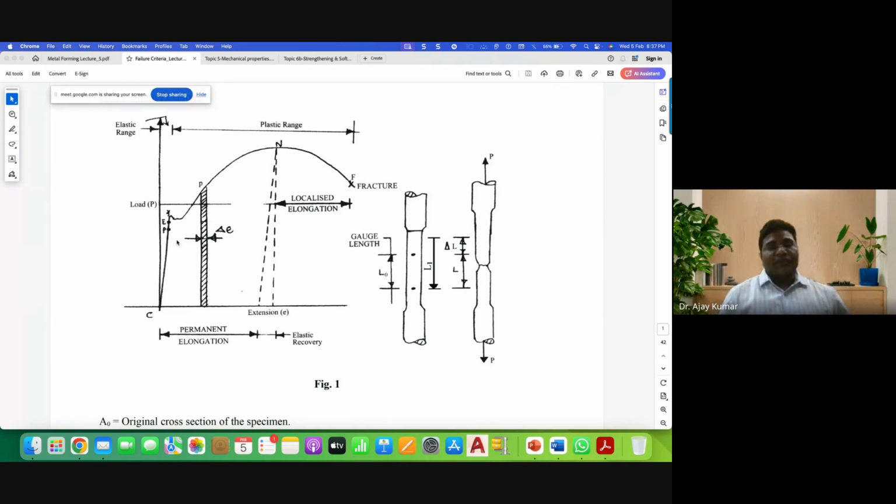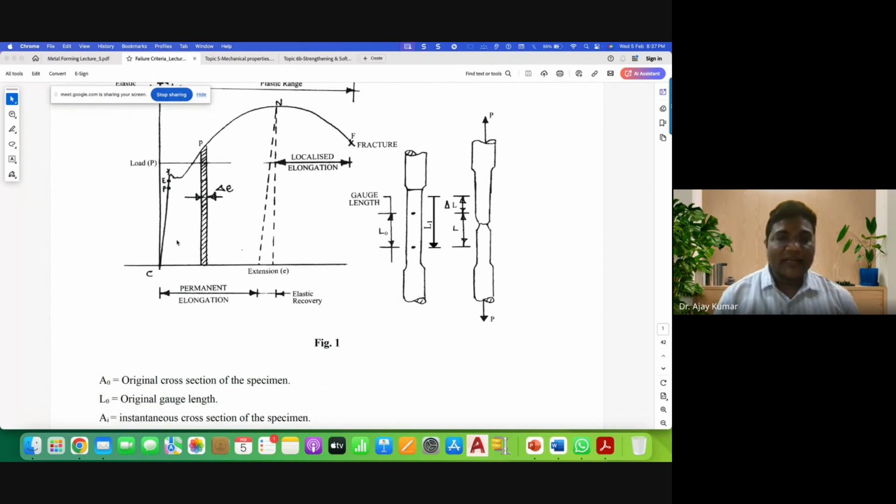The yield point is where you have 0.2% strain, or you can say where the dislocation movement starts. After the yield point, if you release the load, it will have plastic deformation as well. So when you calculate the total deformation, you will calculate total elastic and total plastic. Elastic and plastic together become the total deformation in the sample. You will also see that there is a significant deformation in the sample.